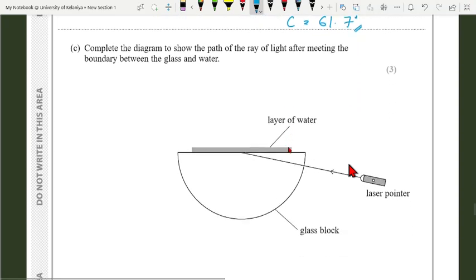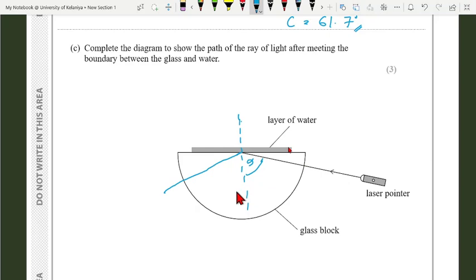And here they're asking us to complete the ray diagram. If this is our normal, then what will be this angle? This is our theta. If this is less than 61.7 degrees, then what will happen? Our light will reflect with the same angle over here.